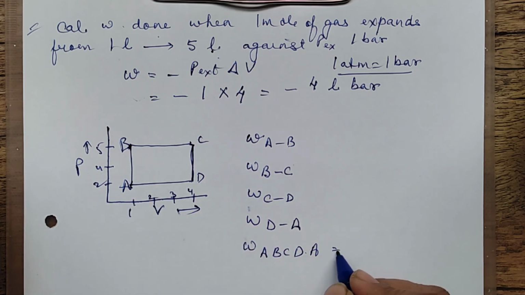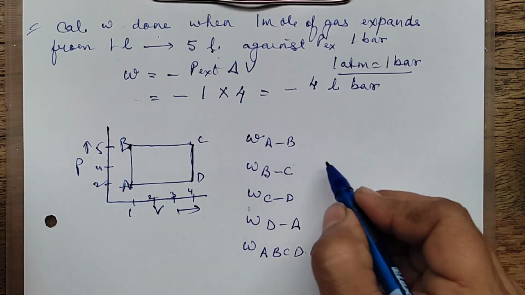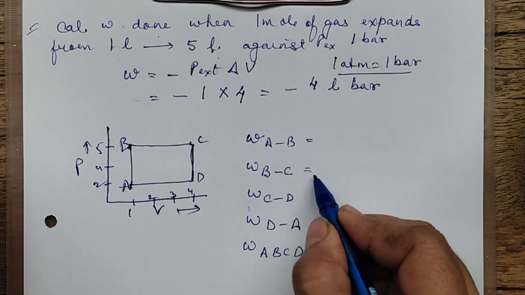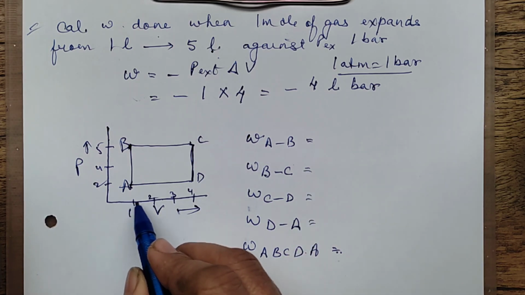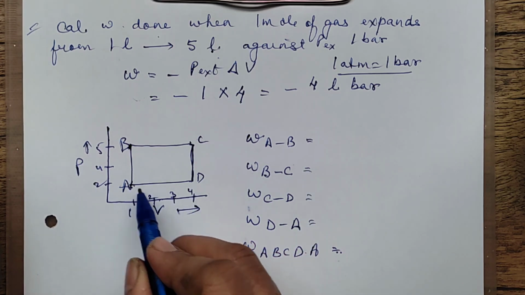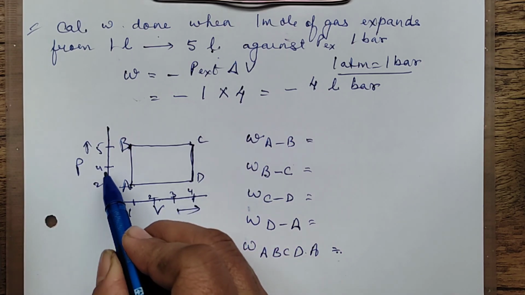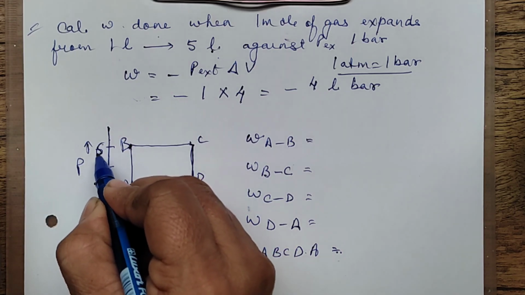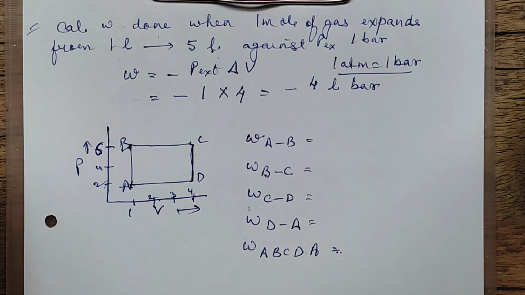What is the work done in this? Okay, so you can just calculate the work done. Their values are given here. This is 1, 2, 3, 4. That means this corresponds here. This is 4. This is 2. Here 6. Make it a 6. 2, 4, 6. And you can write down the answers in the chat box.